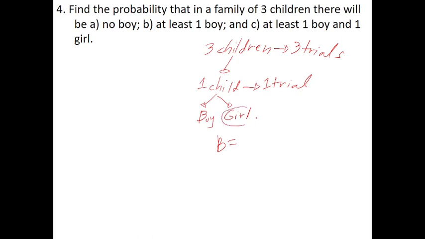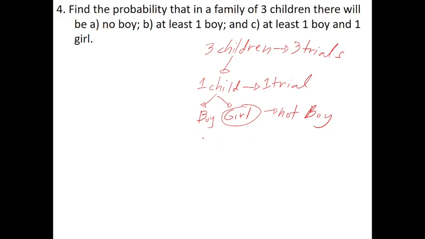So, itong girl na to, not boy. So, in that case, there will be no boy. So, B is 0. So, what is your random variable? Number of boys. Okay? Number of boys is a random variable.